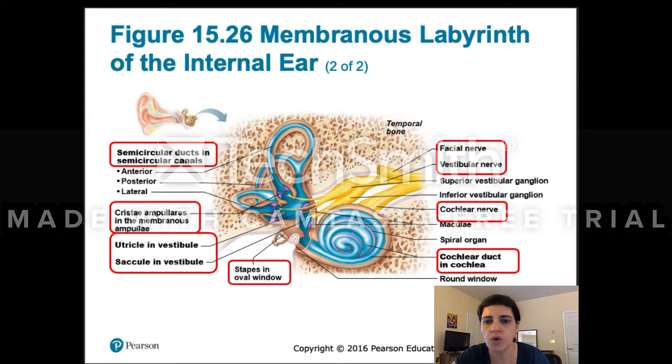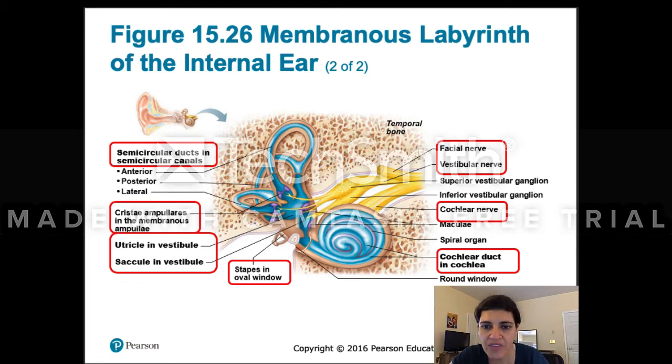Okay? So what are the structures in the membranous labyrinth that we need to know here? This is the cochlea. This structure here, this is the saccule and this is the utricle. These two are important for you to know the position of your head.